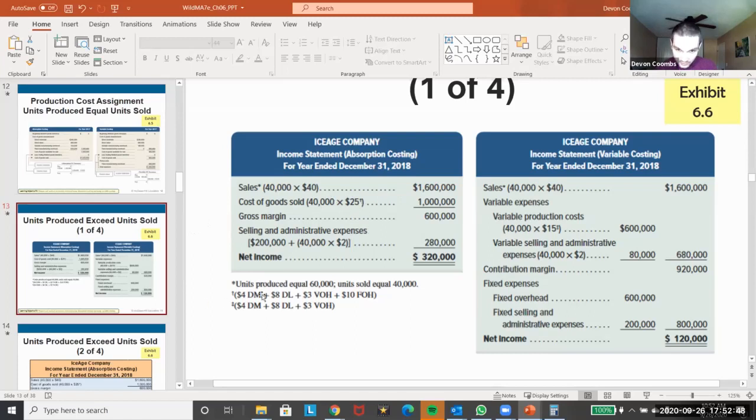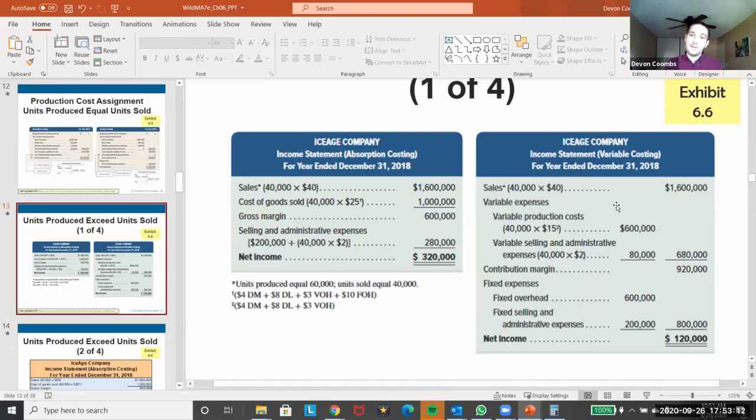That 25, we have a footnote down here, all those costs, right? We include our fixed overhead, nothing new there. Our gross margin drops. And then our selling and admin expenses are 280,000 because we allocate 40,000 times 2, plus the 200,000 of fixed costs. So our net income is 320,000.